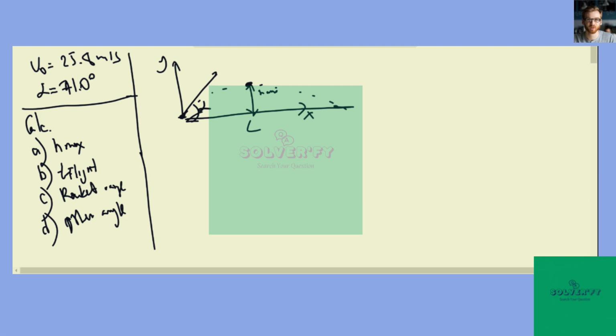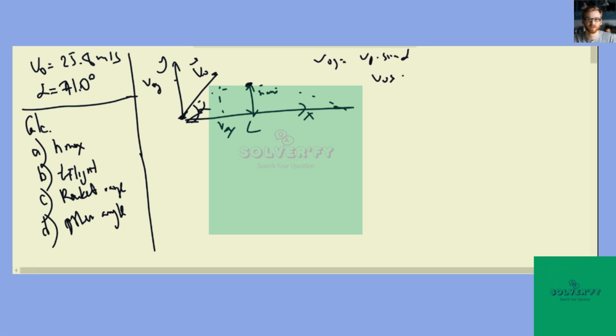Here is angle alpha, and as we can see, the initial velocity has two components, v0x and v0y. v0y is v0 times sine alpha, and v0x is v0 times cosine alpha.